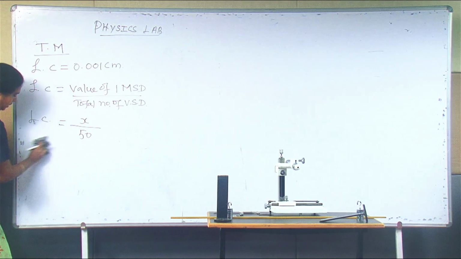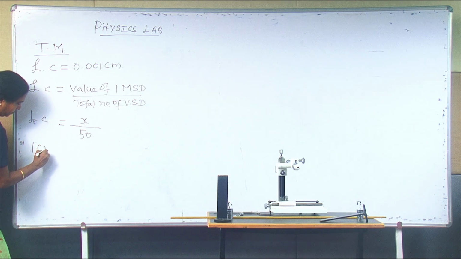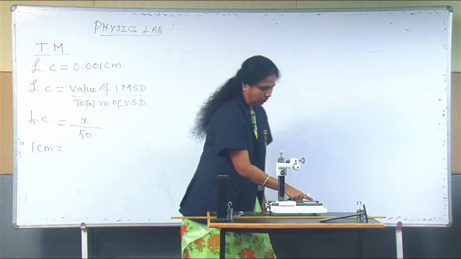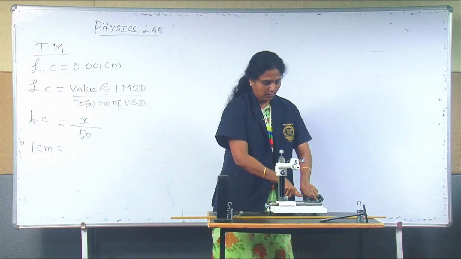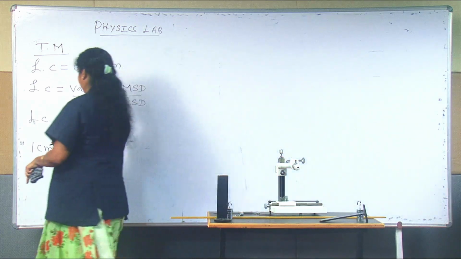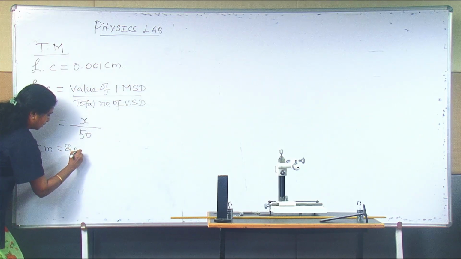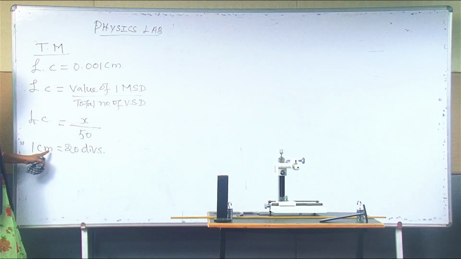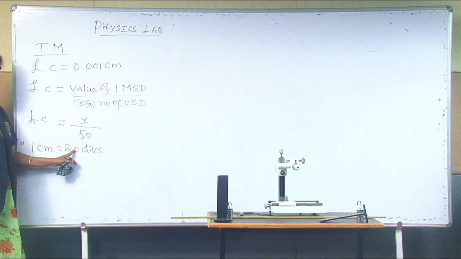1 centimeter is equal to, it is written as 0, 1, 2, 3, something like that. So in between 1 centimeter, we have some 20 divisions. So 1 centimeter is equal to 20 divisions.